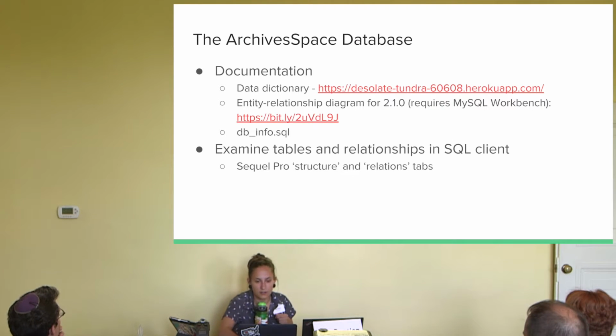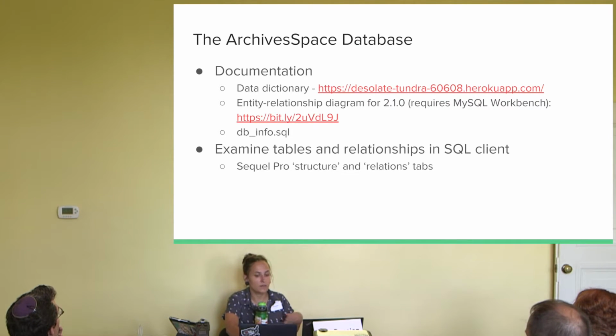Oh, one more that I wanted to show you. There is a query that I put together that actually queries the database for information about itself. So this basically looks for data about the ArchivesSpace table schema.